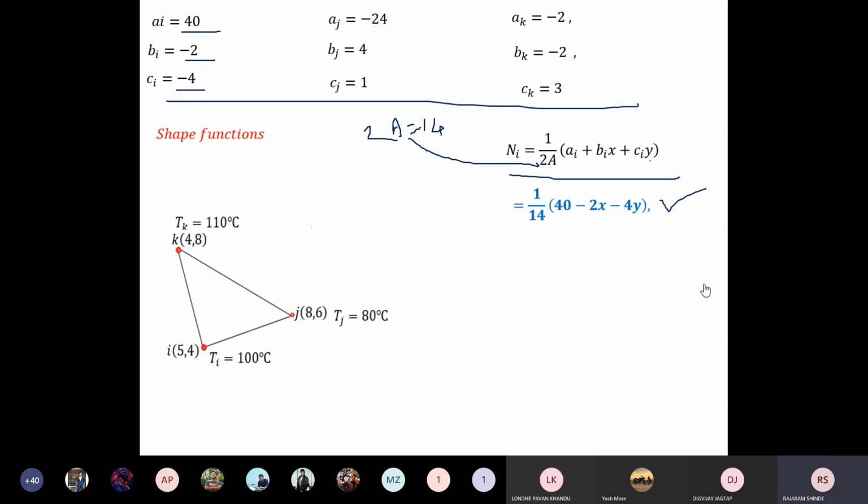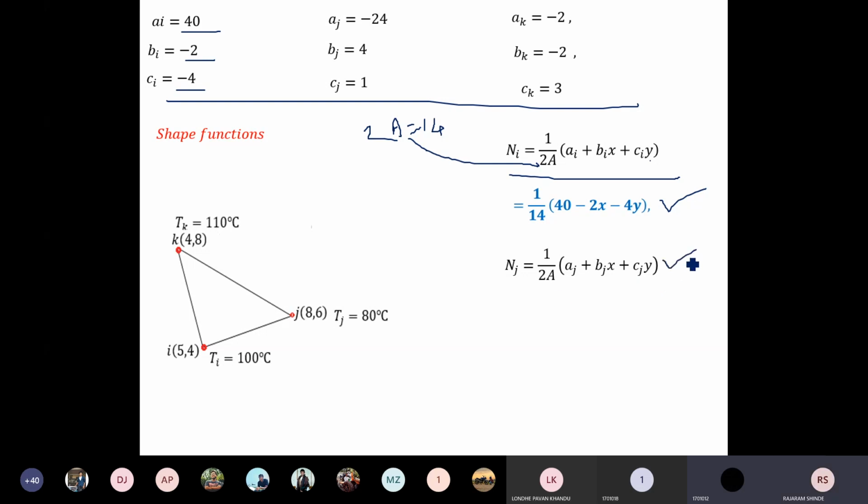Ketan Sanap, you tell me what is the equation of Nj? Kunal Patil, can you tell me what is the equation of Nj? Yes, 1 upon 2a into bracket Aj plus Bj x plus Cj y.